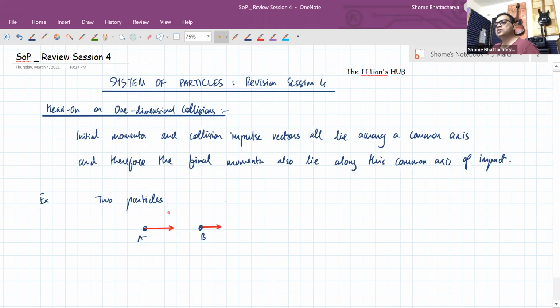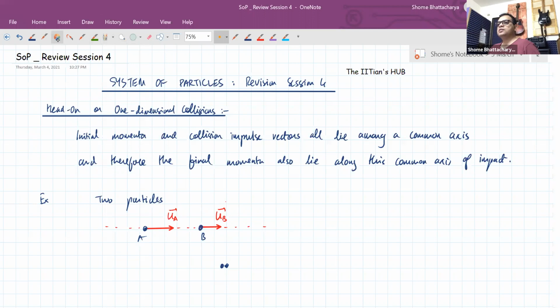Both these initial velocity vectors, UA and UB, you can see are lying along this common axis. That fulfills the first part of our statement, that the initial momenta are along the common axis. Then after a bit of time, let's say they collide somewhere over here because B is moving slower than A. So eventually A catches up with B, but by that time B has moved a bit further.